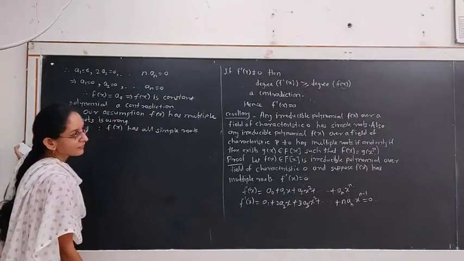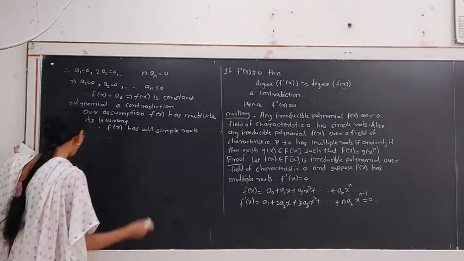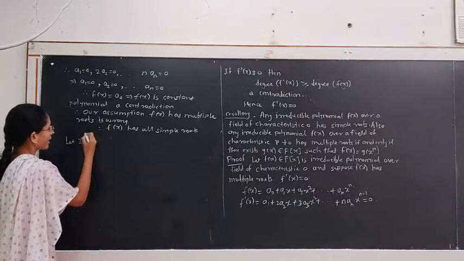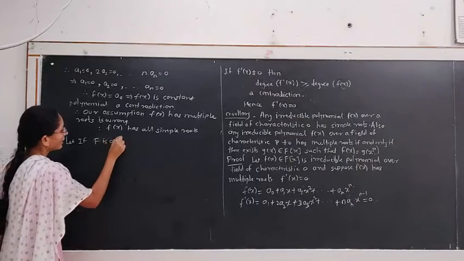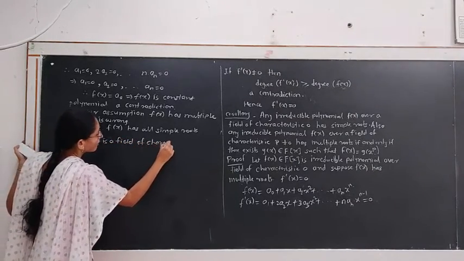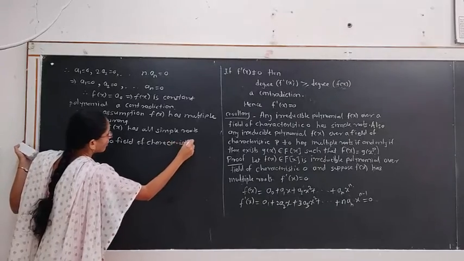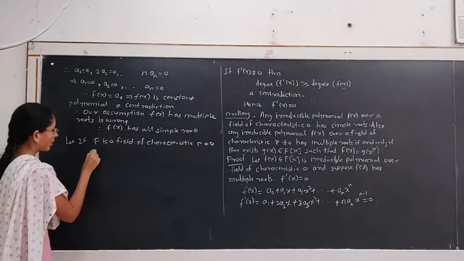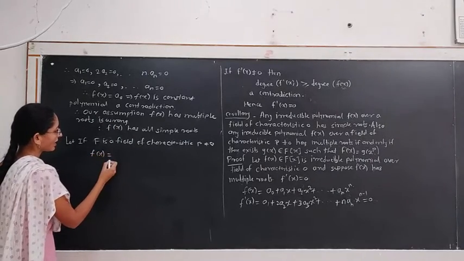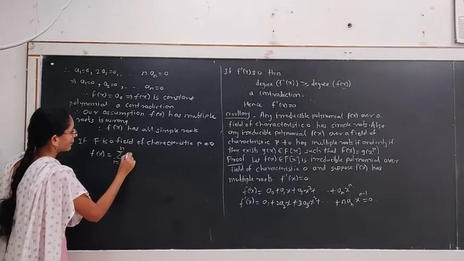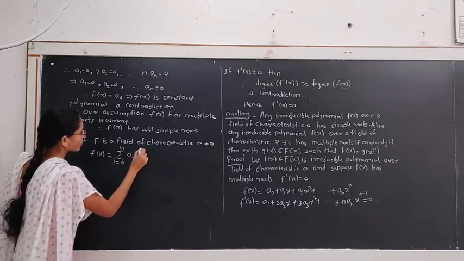Secondly, if F is a field of characteristic p, which is non-zero, then the summation form of f(x) is the sum over i equal to 0 to n of ai x raised to i.